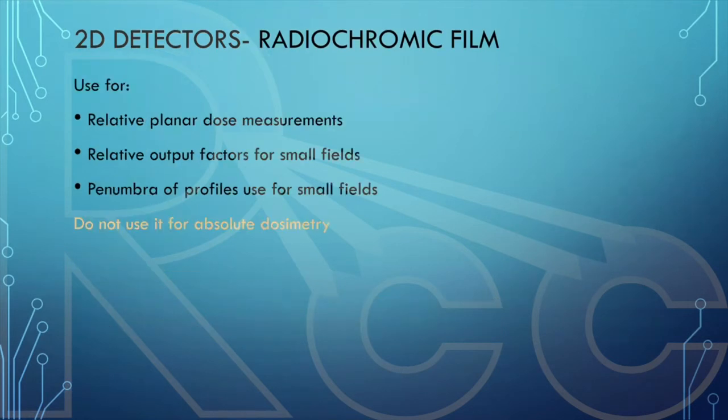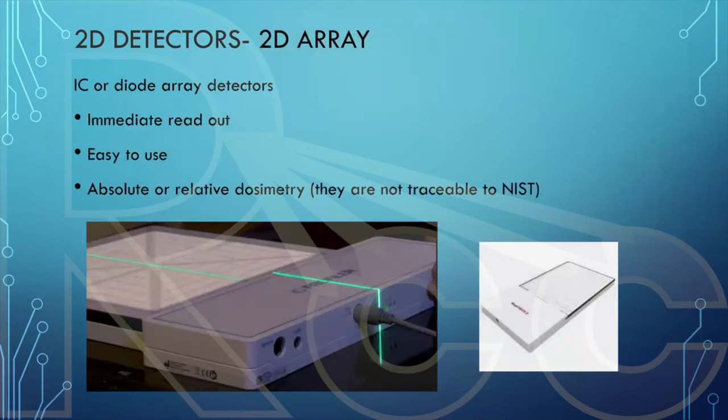They are ideal for relative planar dose measurements, for output factors, for small field dosimetry, and for penumbra profiles. Also, you can use radiochromic films for star shots when you are doing your Arnold's on the machine.